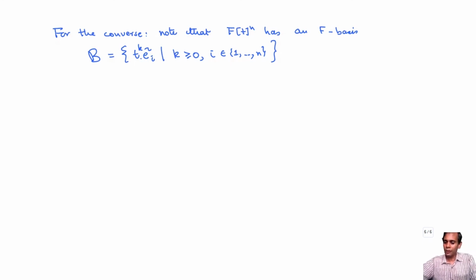So if you look at t^k e_j tilde, I can write it as t^(k-1) times t e_j tilde.